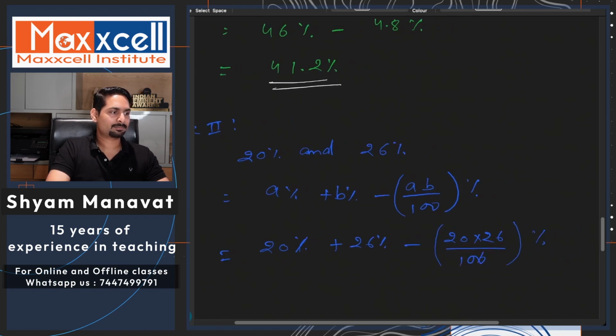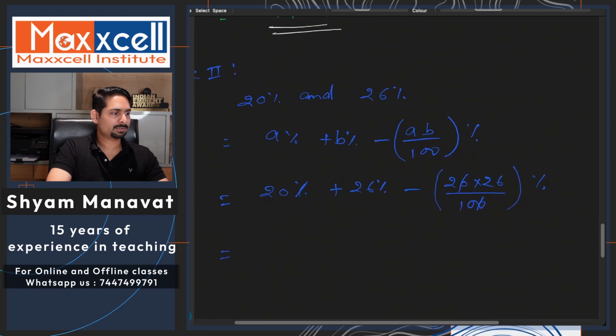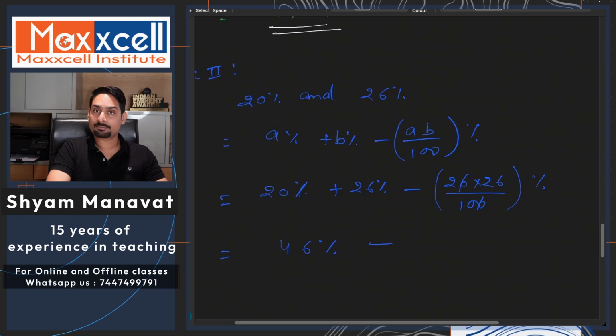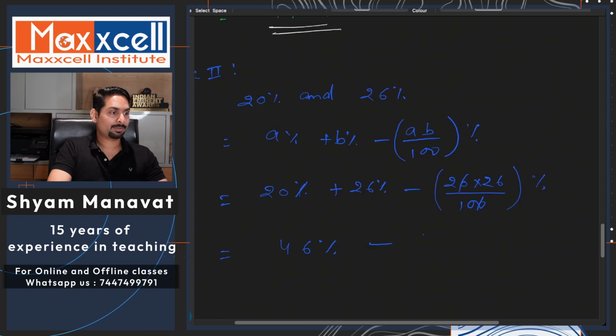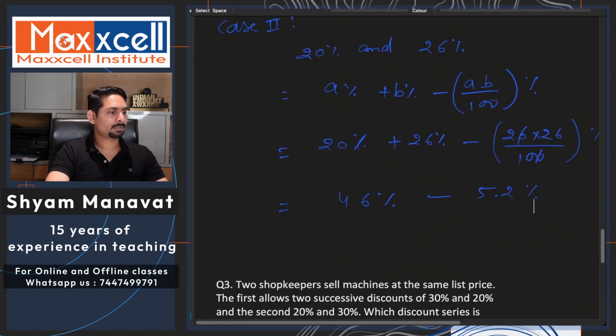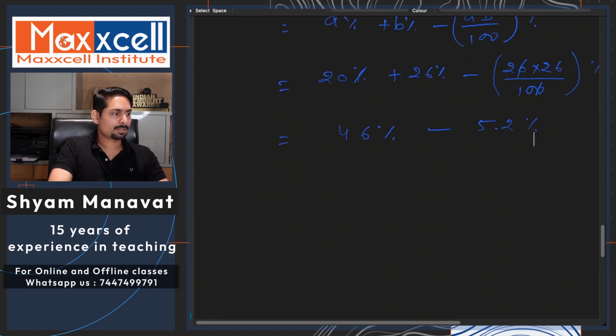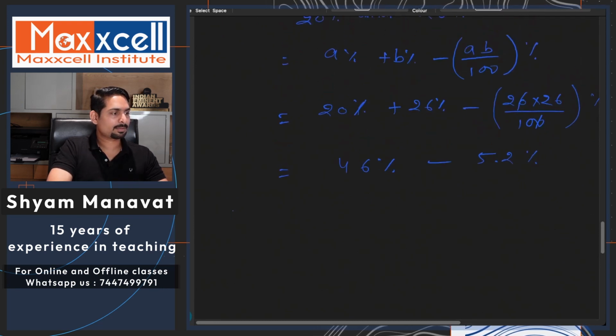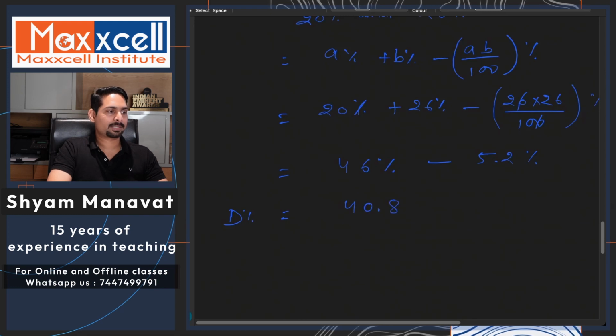Again I cancel zeros: the first two get you 46% minus 26 twos are 52, and with the zero, divide by 10, we have 5.2%. Subtract it and see how much it comes. 46 minus 5.2 gets you 40.8%. So this is your case 2.